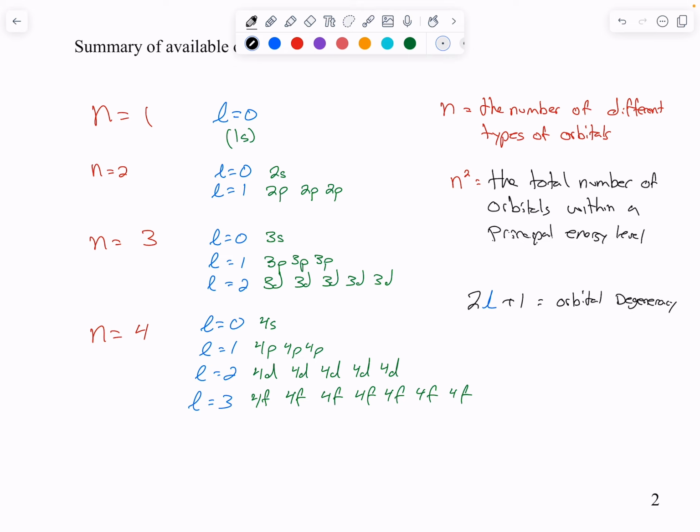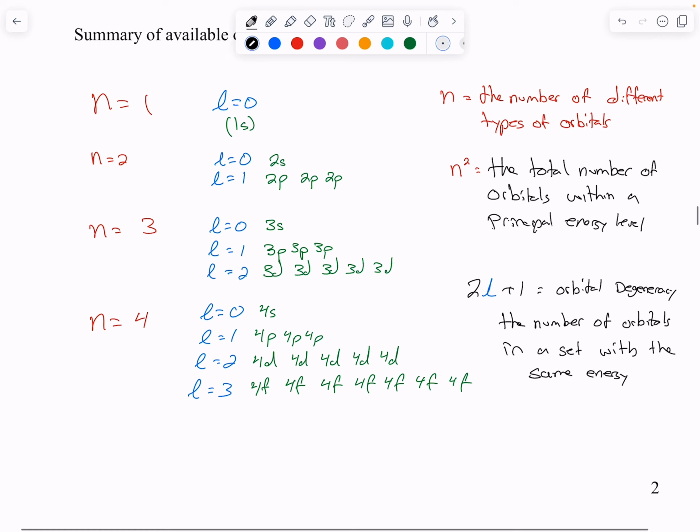Well, here we're saying that 2L plus 1 is the orbital degeneracy, and that is the number of orbitals in a set with the same energy. So if L is 1, that means you'd have 3. If L is 2, you'd have 5. If L is 0, you'd have 1. Right? That's just how that works.